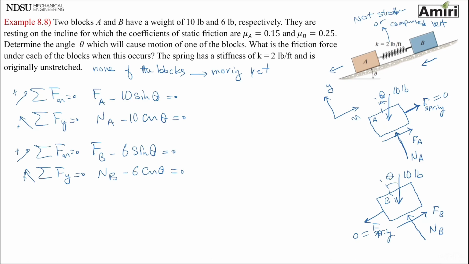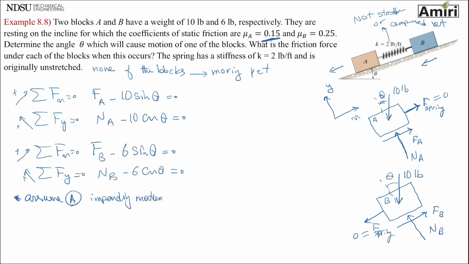Okay. So now I have to decide which one moves. Let's make an assumption. We're going to go the route of making an assumption. So assume A will be in impending motion.